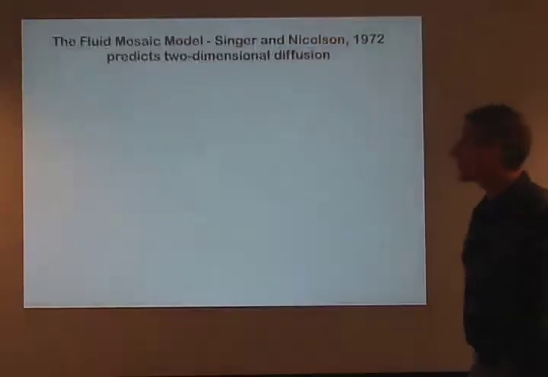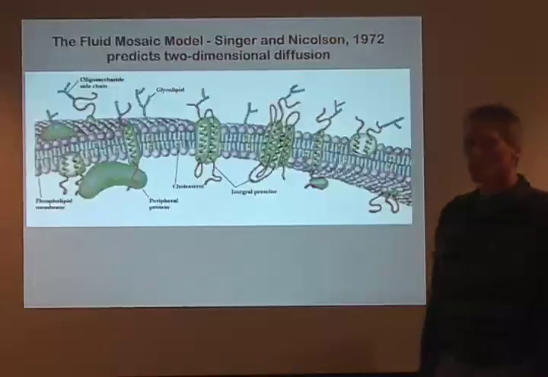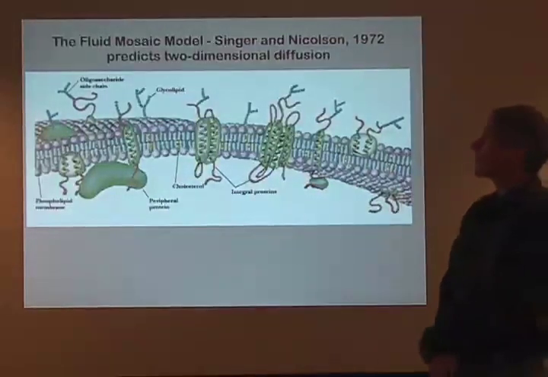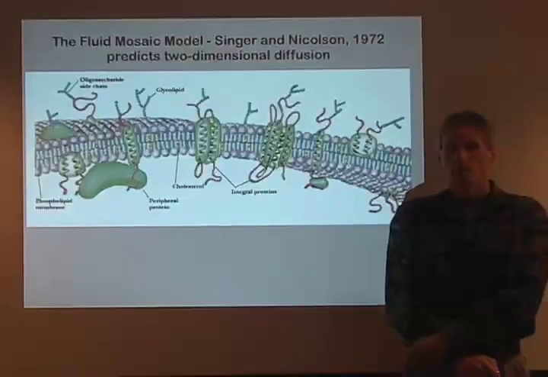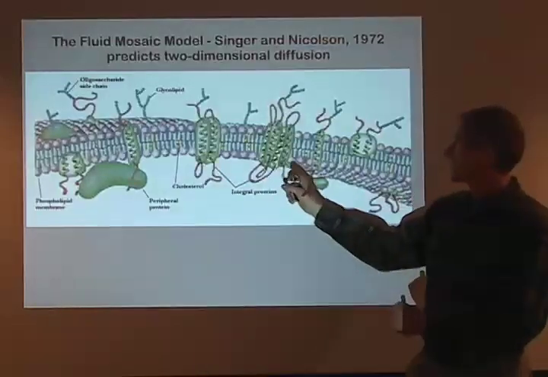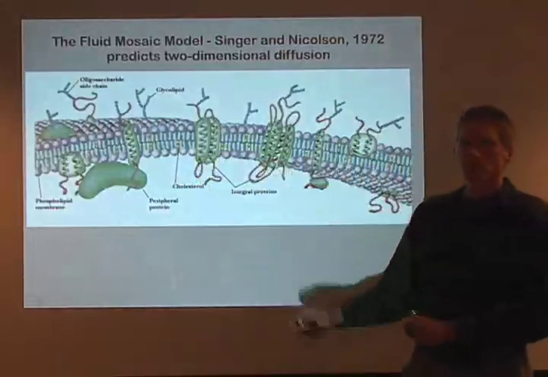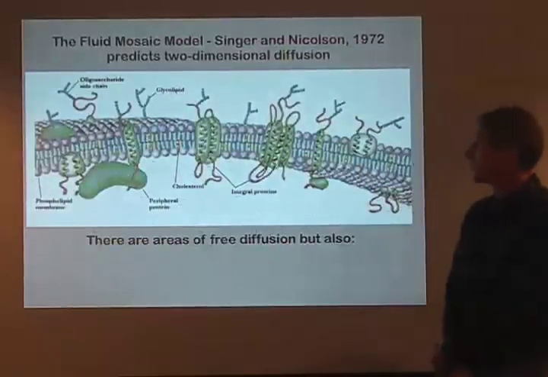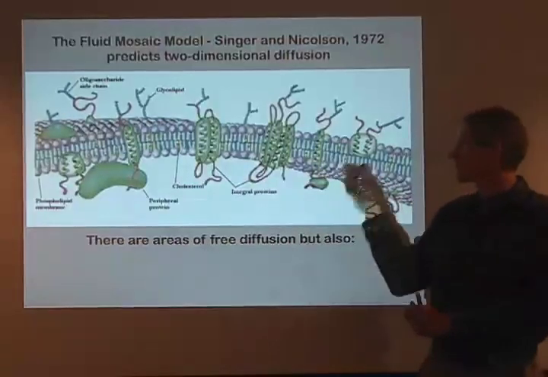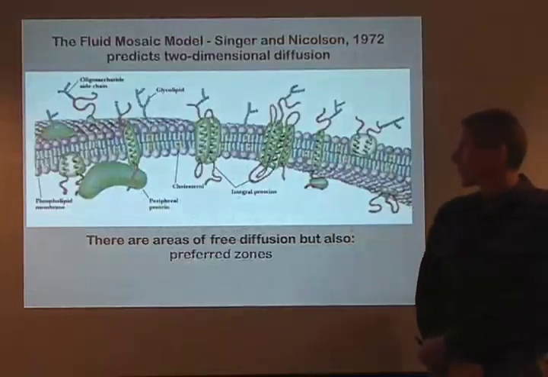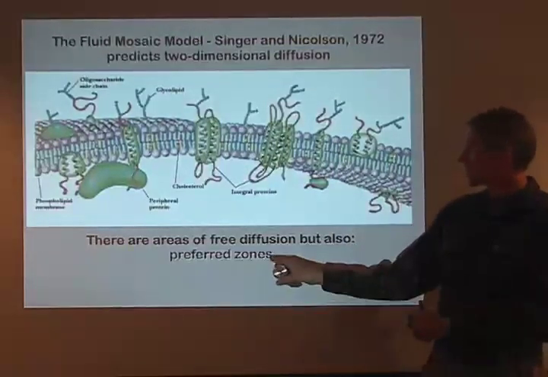So membranes are really quite heterogeneous. And it used to be thought, in this model proposed by Singer and Nicolson in 1972, that membranes were a kind of two-dimensional fluid, and that proteins would diffuse quite easily. Well, that's kind of partly true. There are areas where proteins can diffuse and float in these two-dimensional membranes, but there are also areas like lipid rafts, where some proteins prefer to be.